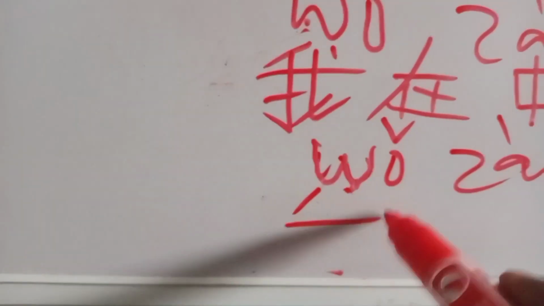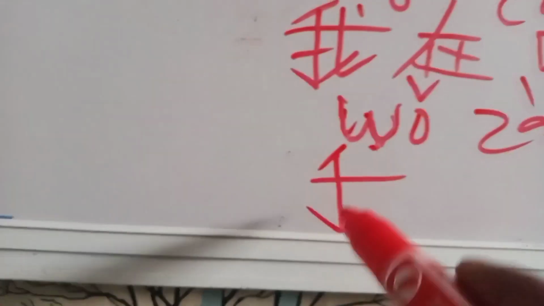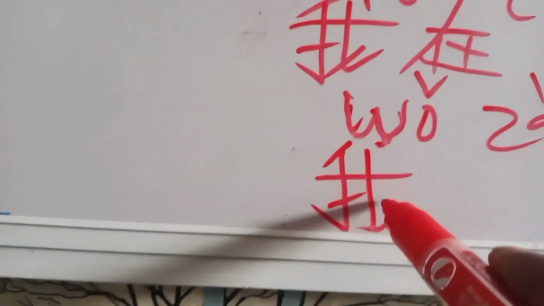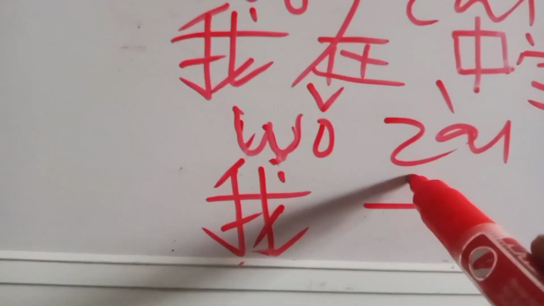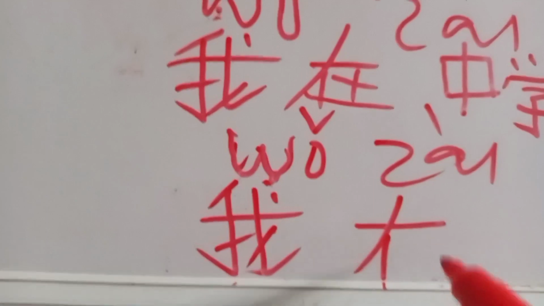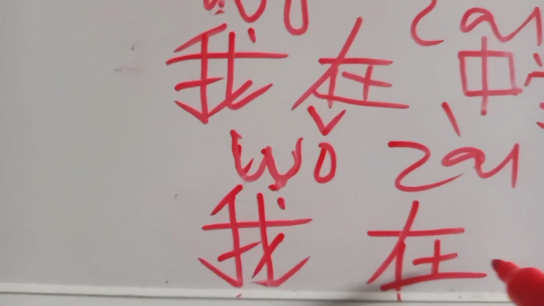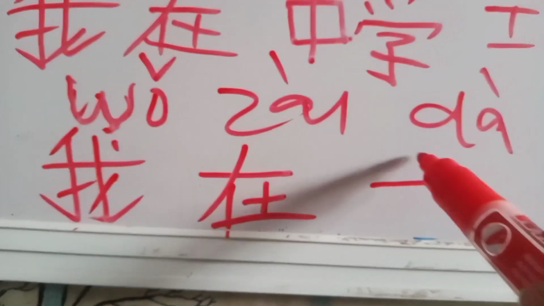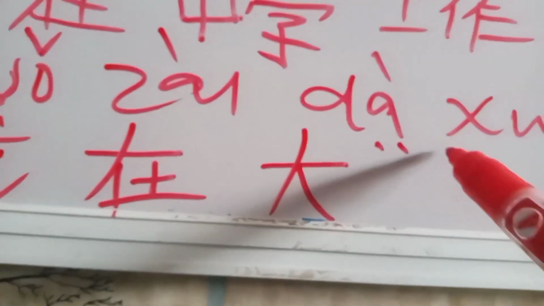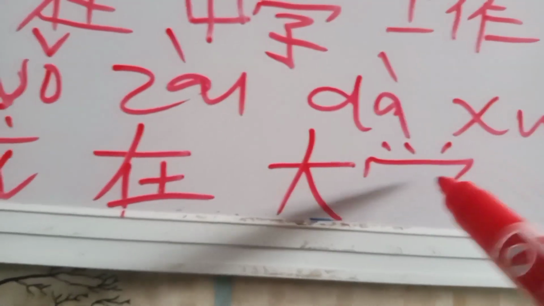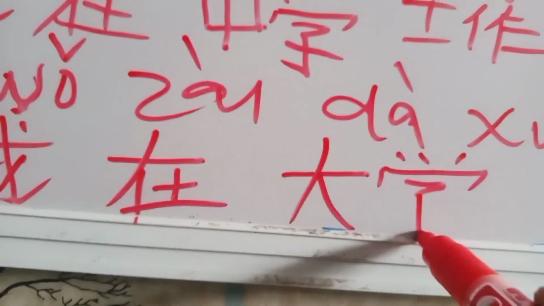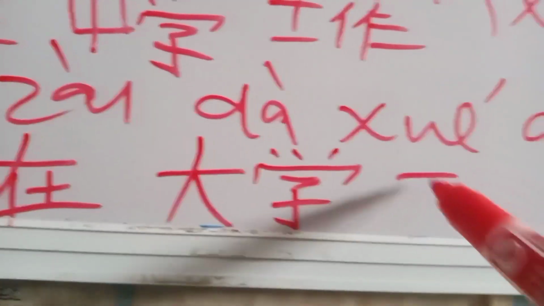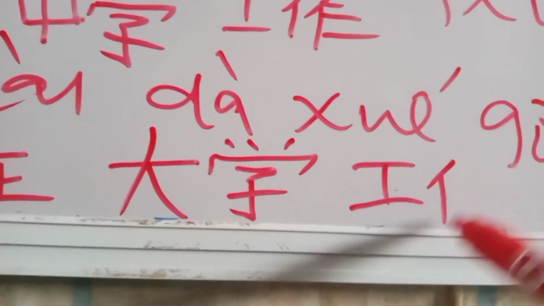Our space is very little, but we can manage. This is how to write 大. You go like this, and like this. 大学, the same 学. And then 工作.